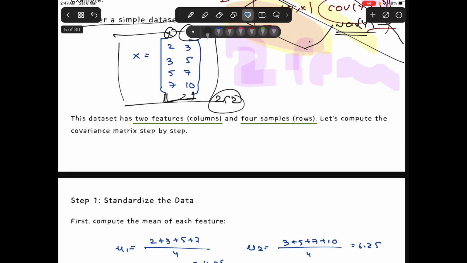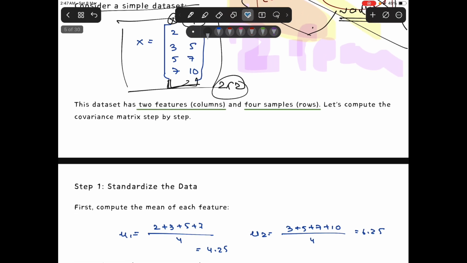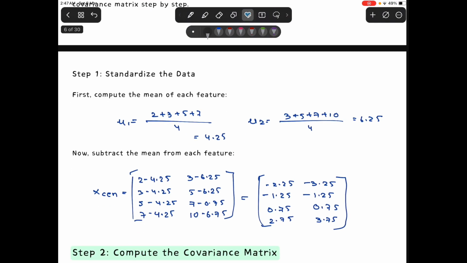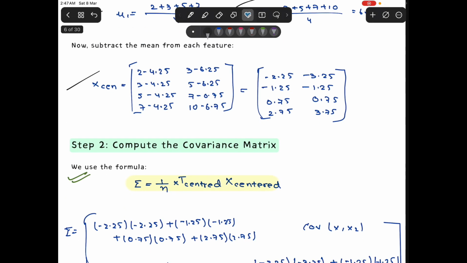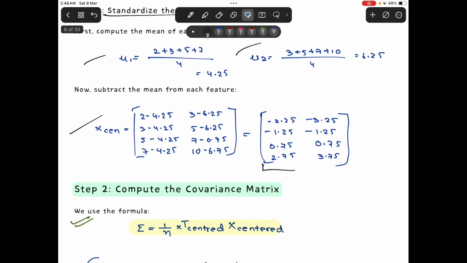There are two features, that is two columns, and four samples, that is four rows. Like this one is a sample. Okay, we have done this from the start. We are standardizing the data, mu1 mu2, X centered value. This one is the X centered value for feature 1, feature 2.